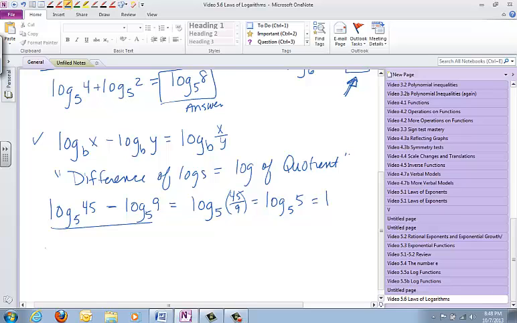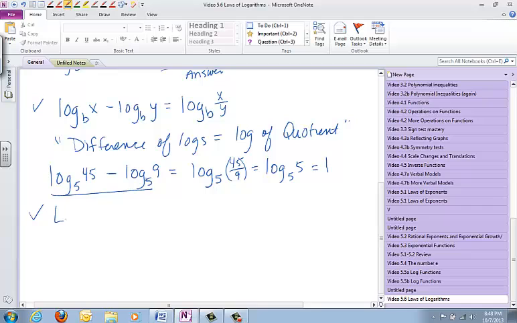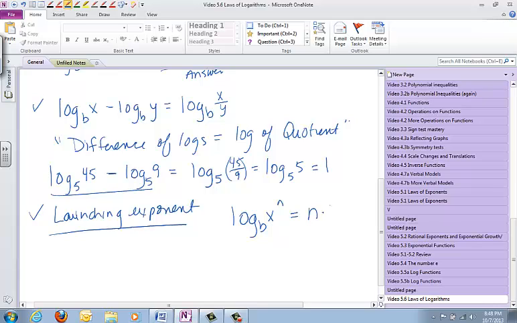Okay, great. And then the third property that doesn't have a fancy name, and I like to refer to it as the launching exponent, for lack of a better name, goes like this. If I have log base b of x to some power n, that's equivalent to n times log base b of x.